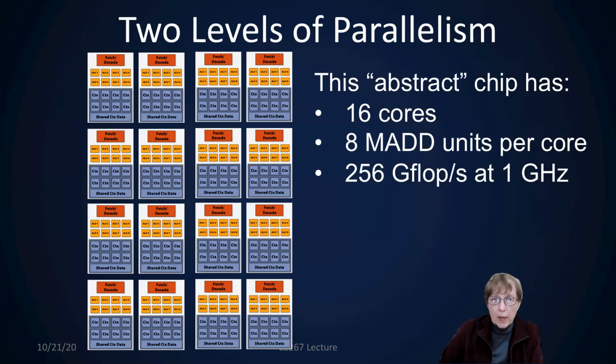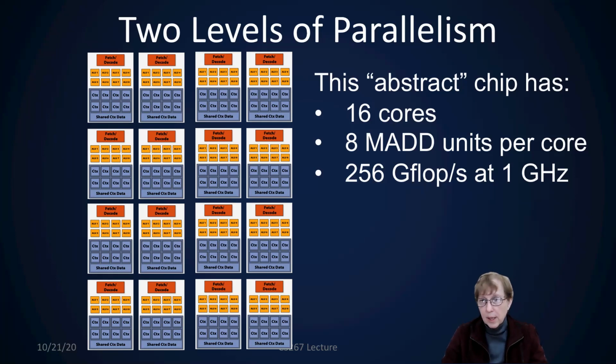So what we're going to end up with on these GPUs are what are going to be called streaming multiprocessors, which have these single fetch and decode engines, a bunch of arithmetic units, control state, the registers, and some local memory. But then we're also going to put a whole bunch of them together on a chip. This abstract chip has 16 of these GPU-style cores.